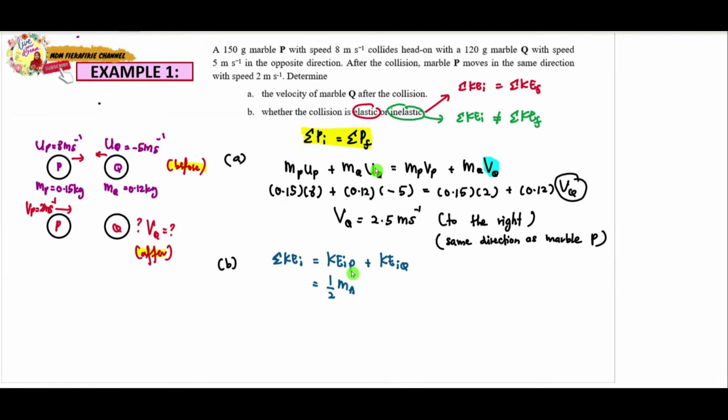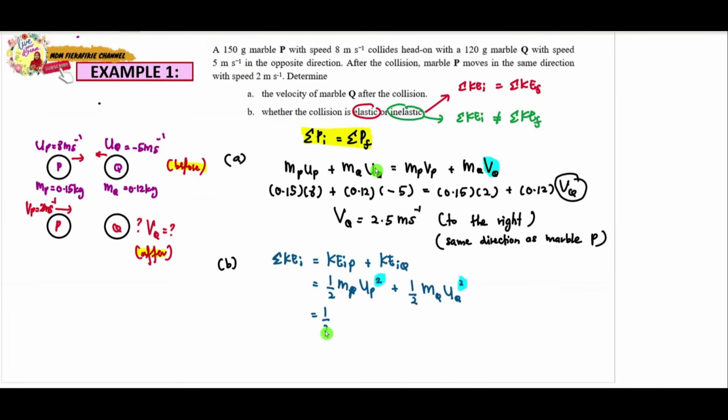So this is initial kinetic energy, so we use P not A: half mp up squared plus half mq uq squared. I highlight the squared because many people forget it. Don't forget.